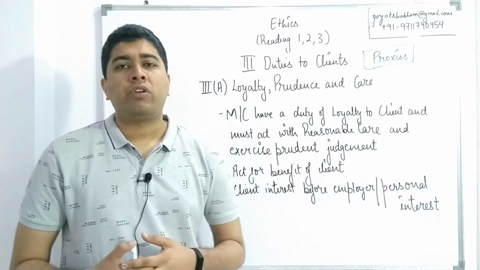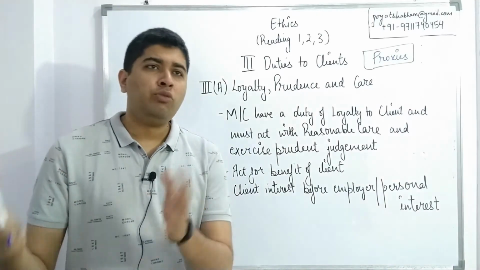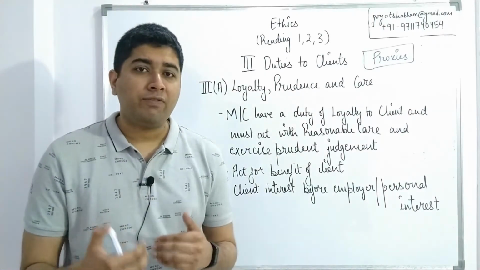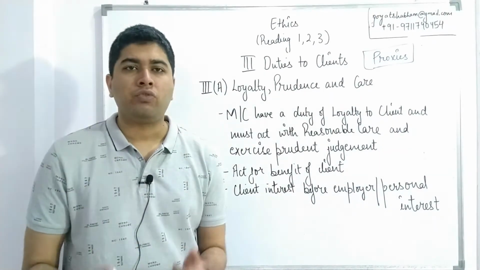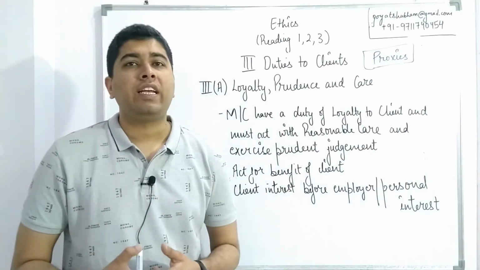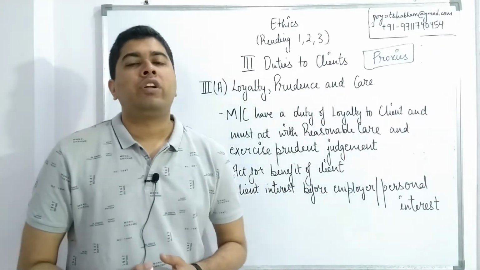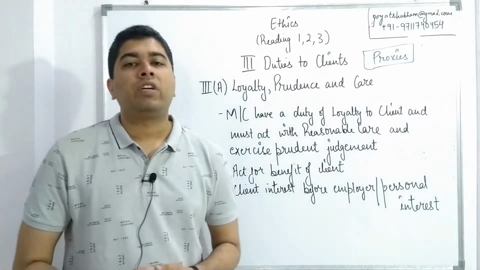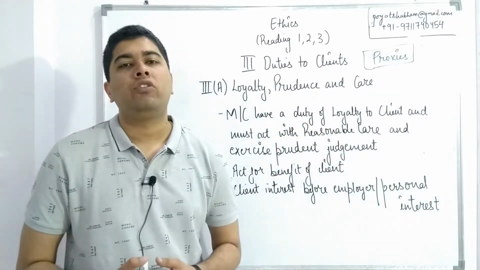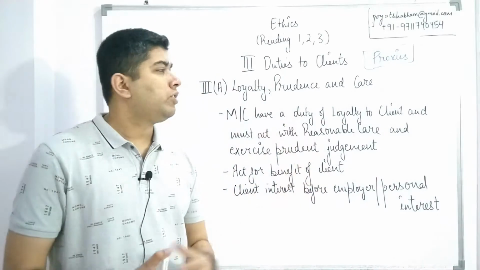From that brokerage, I decide to buy access to Bloomberg's database so that I can further enhance the analysis that I use on equity shares for the benefit of that client. This is exactly what the standard is recommending. If you use the client brokerage for the eventual benefit of the client himself, then you would be in full compliance with this standard. So that is all the discussion about Standard 3A.